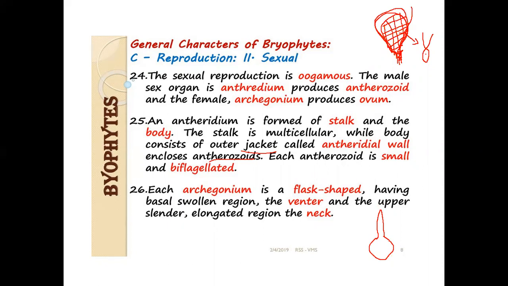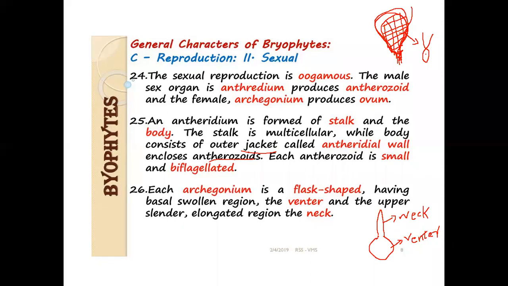It has a basal swollen part, which we call the venter. And the elongated region we call the neck region. So this is the structure of the archegonium.